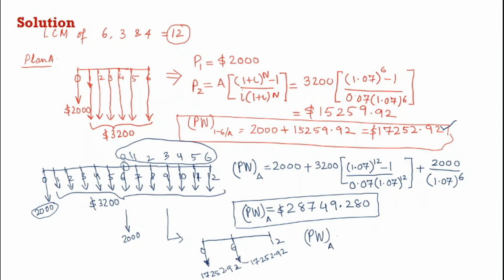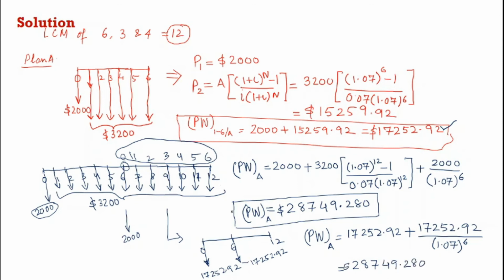And if I just compute the present worth by this, it comes out to be the same. Let's see. So this is already at present point of time, 17252.92, and if I convert this at the present point of time, it will be 17252.92 divided by 1.07 to the power 6. If you compute this, this comes out to be again the same as what we are getting here, that is 28,749.280.